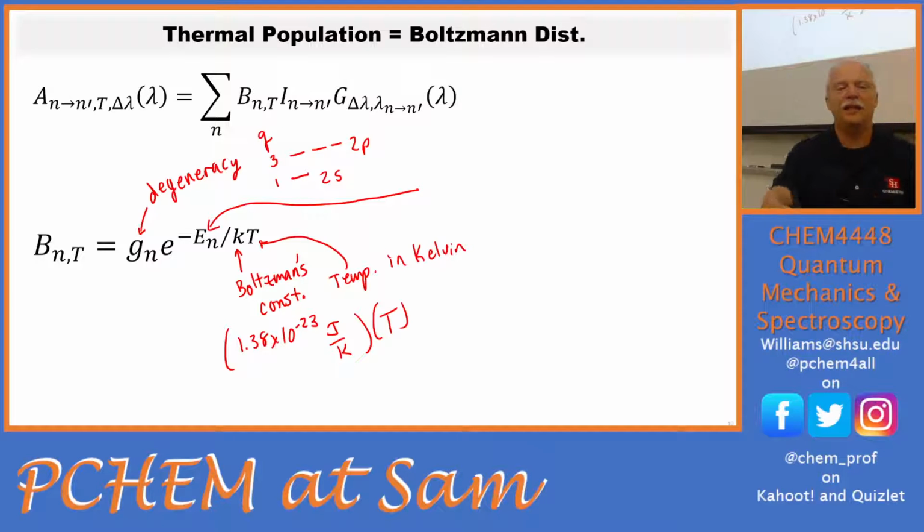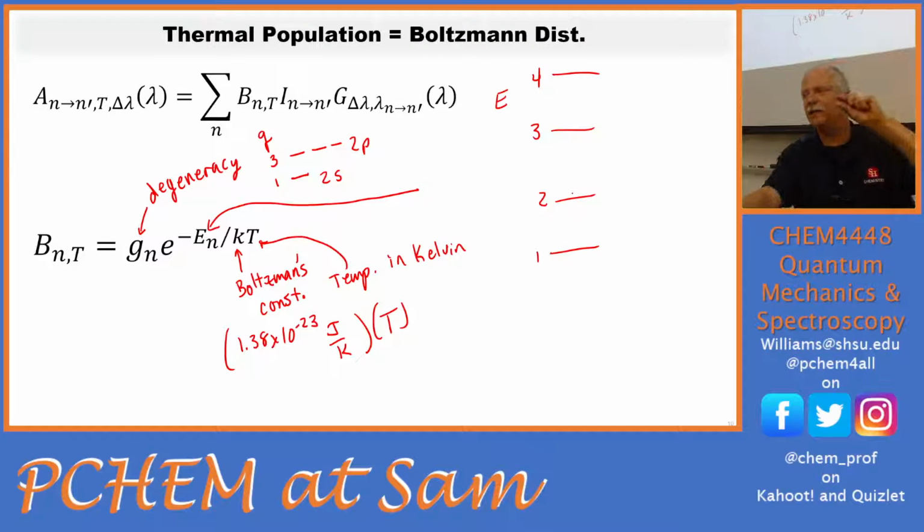And then it's looking at the energy levels of the system. So we have these different energy levels, and we might have them labeled 1, 2, 3, and 4. And it's saying for energy level 1 compared to the kT, what's the statistical probability that I have molecules in energy level 1? And then energy level 2 is higher, divided by this kT.